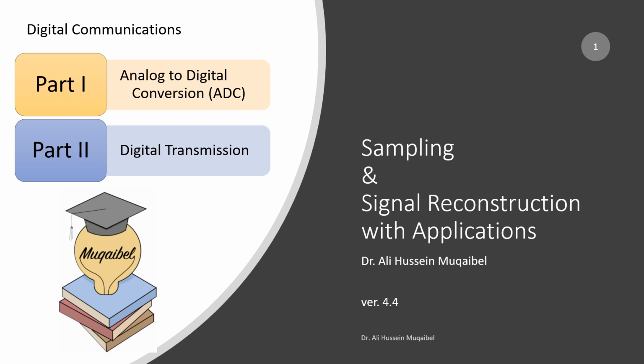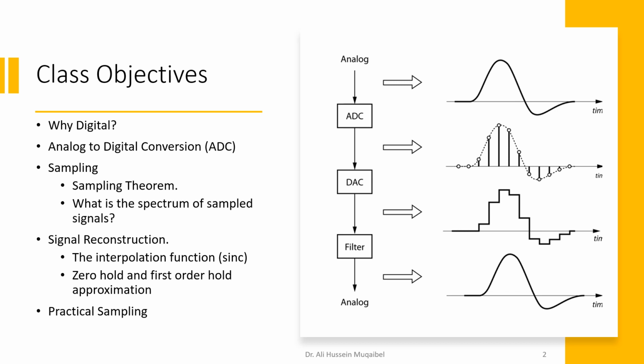All right, so the outline or the objective of our class will go like this. We'll start right away. Since we addressed the issue of why digital, I'll just go right away to analog to digital conversion. We have two main steps there, which are sampling and signal reconstruction.